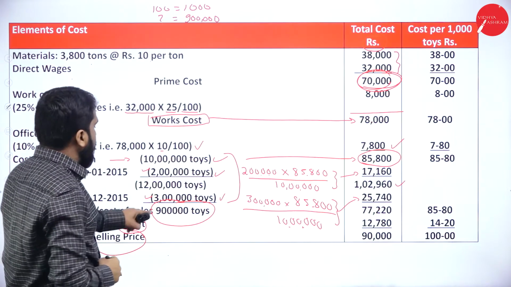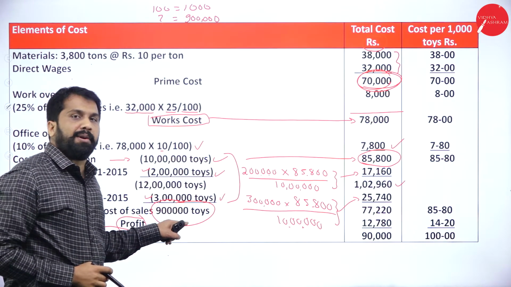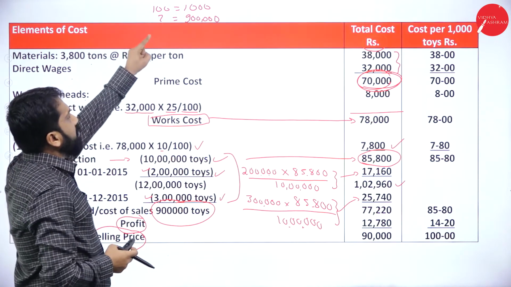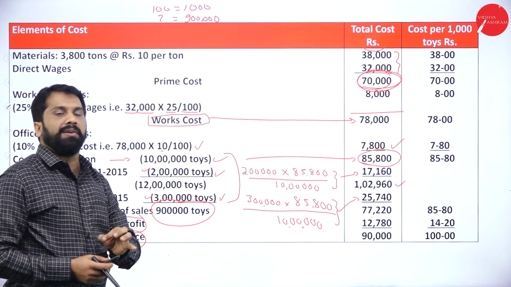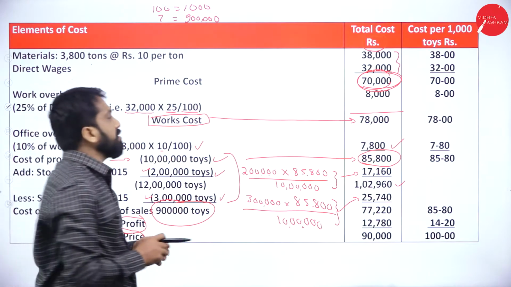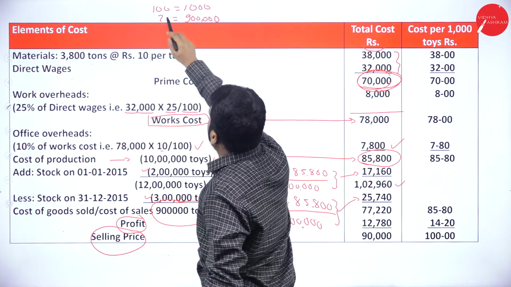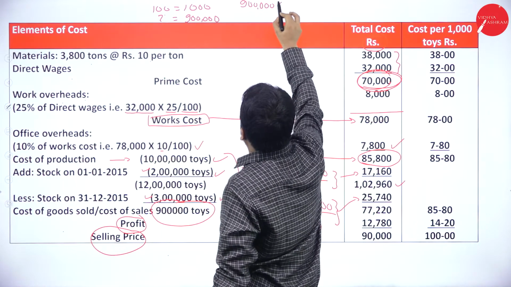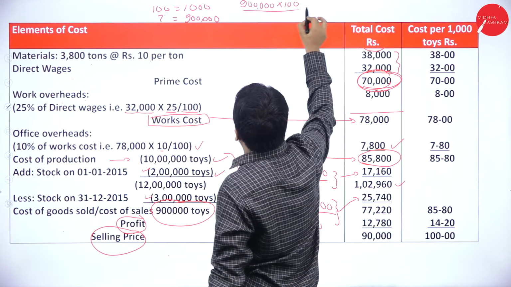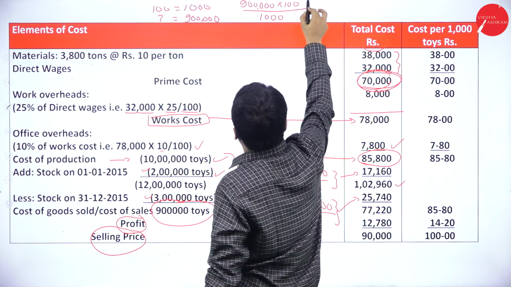So how many units we have? We have 9 lakh toys. Now, if 100 rupees for 1,000 toys, how much for your 9 lakh toys? Cross multiplication. How to cross multiply? 9 lakh into 100. 9 lakh multiplied with 100 divided by 1,000.